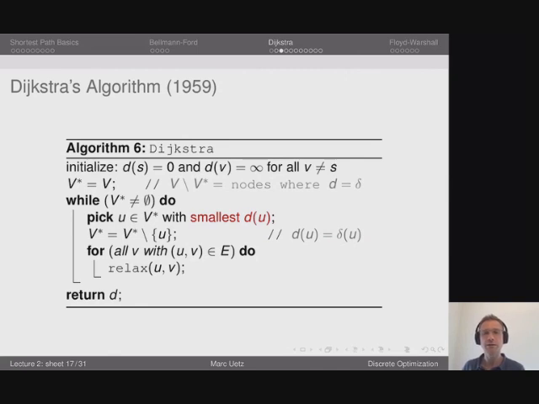Okay, so we are not going to process it anymore. And then we just do the following. For all the edges outgoing of that vertex u, we relax the corresponding edge. And notice by definition, this makes sure that all the edges of the graph are relaxed or processed exactly once only. So we stop when none of the vertices has to be processed anymore. So when all of the vertices have been processed. So let's look at a little example here.